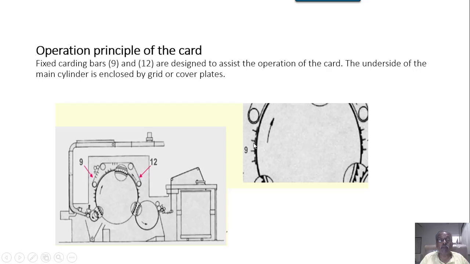So actually this 9 is here and 12 is here at this particular place, to be very accurate. So these are the two places.